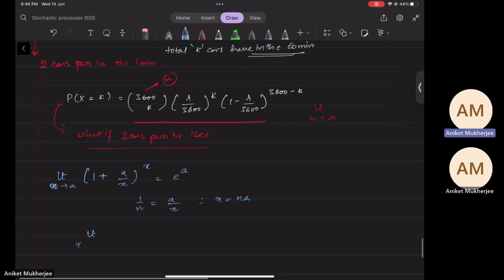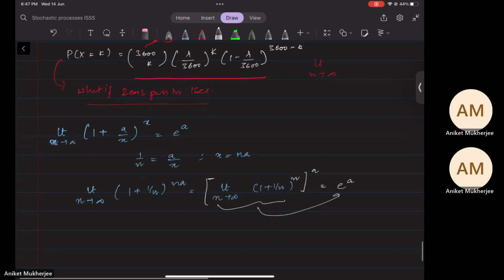We get the limit as n tends to infinity of (1 plus 1 by n) power na, which is e power a, since the power a has nothing to do with the inner limit, which goes to e. This is also a standard result that we know.